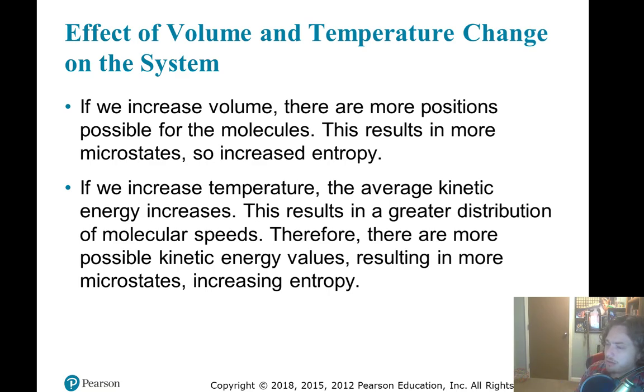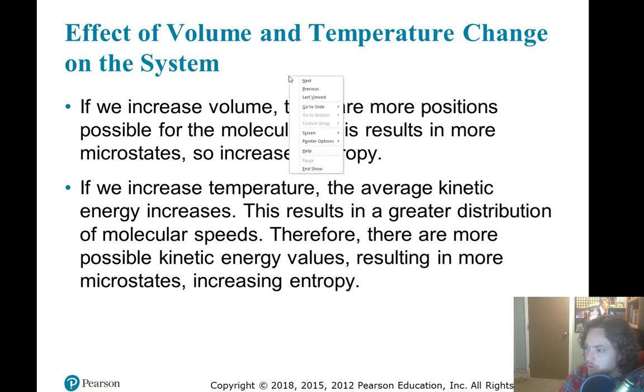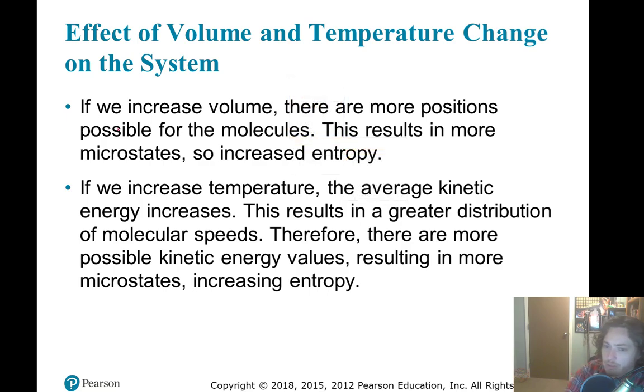So think about this. If we increase the volume of our system, that means that there are many more positions for our molecules to be in. And if there's more positions for our molecules to be in, then that means that there's more disorder available. Or, to use what we learned last video, there are more microstates.